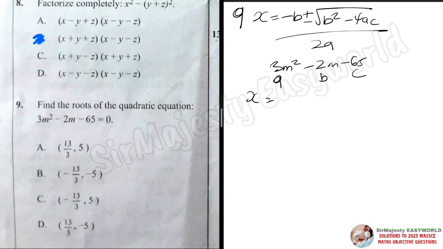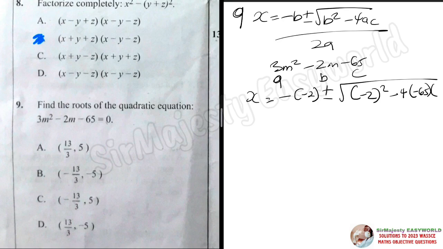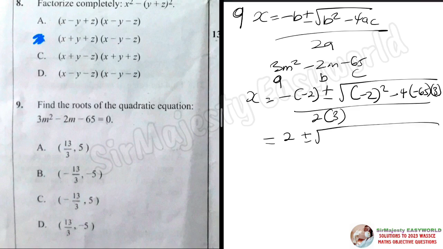So our m will be equal to, substituting, that will be minus minus 2, forget about the letters, we're just looking at the coefficients, plus or minus root of minus 2 squared minus 4 multiplied by 3 multiplied by minus 65, and everything divided by 2 multiplied by our a, which is 3. So this will be equal to minus minus 2 is plus 2 plus or minus root of minus 2 squared is 4, minus 4 times minus 65 times 3.